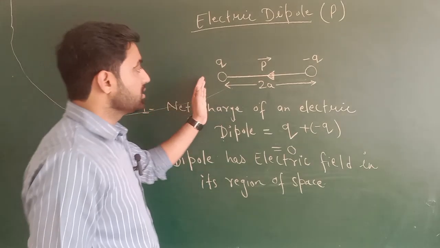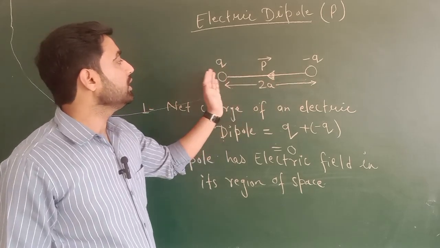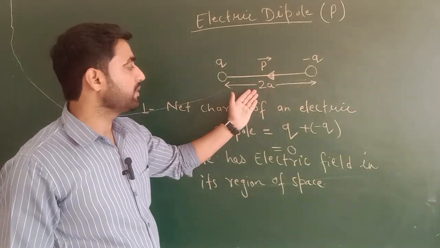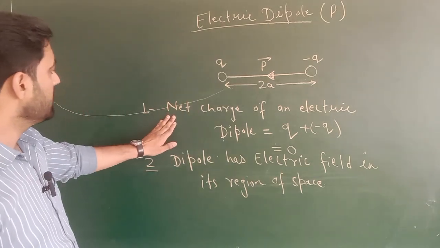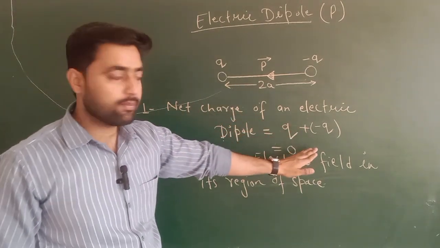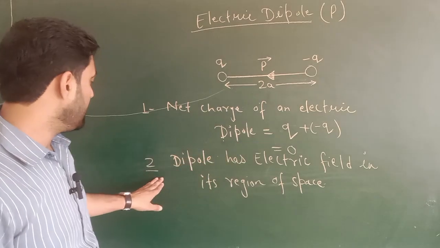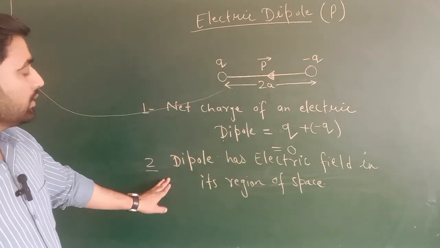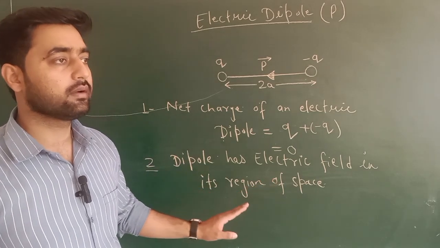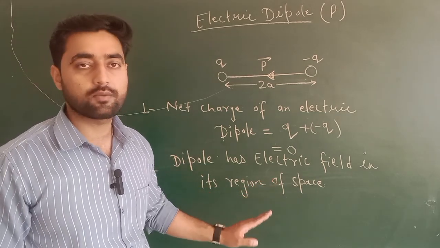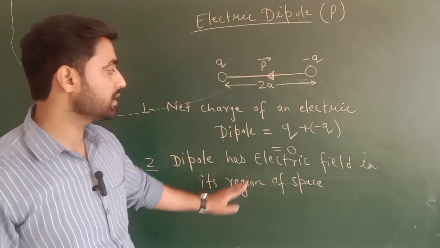So electric dipole is a combination of two equal and opposite charges separated by a very small distance. First point related to electric dipole is that net charge on an electric dipole is 0, and that doesn't mean they will not form an electric field. They will form an electric field in their region of space despite having net charge 0 on them.